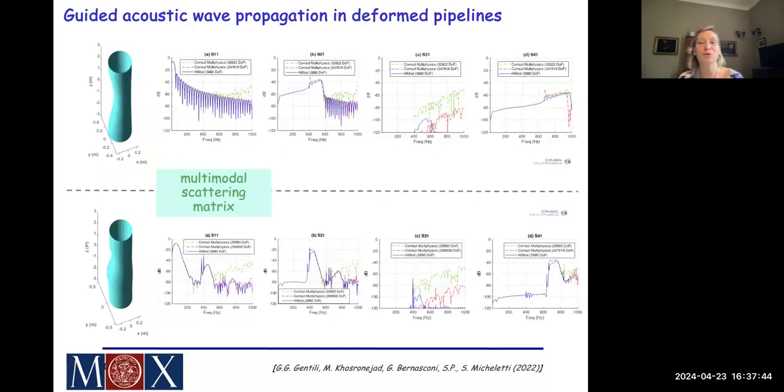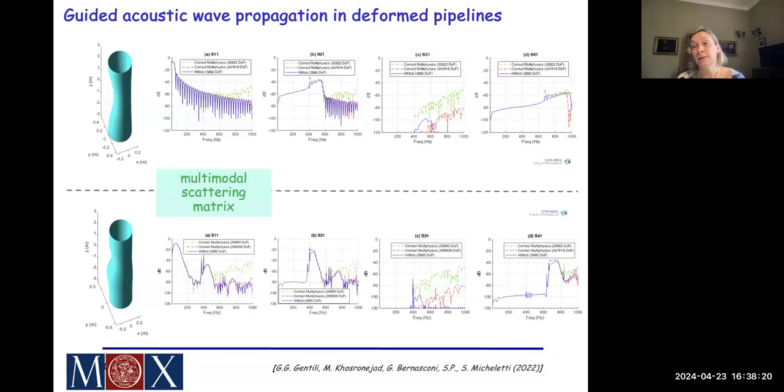I'm not an expert of this topic, but essentially what the colleagues have done to verify the good properties of high mode approximation has been to compare the output provided by the high mode approach with the outcome of COMSOL Multiphysics for two different choices of meshes. A first one, the green line, which is coarse, and a finer one associated with the red contribution in the plot.